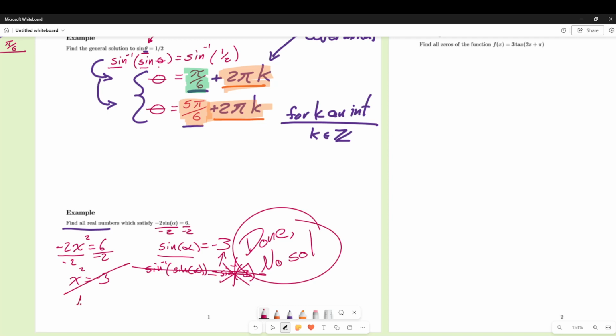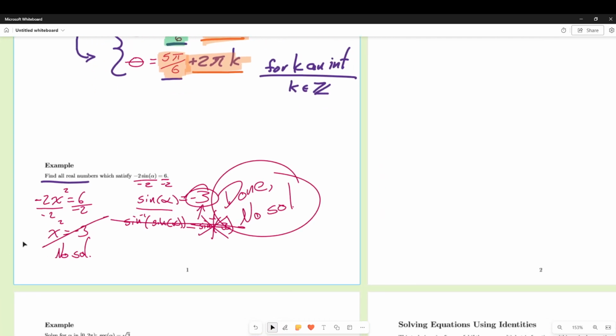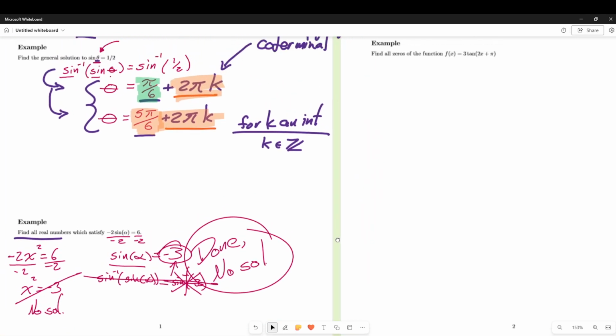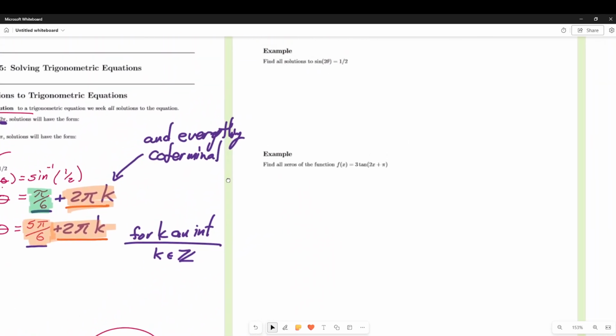So you'd say no solutions. Same thing here. This is outside of the possibilities for sine, not because it's negative, but because it's outside of the range from -1 to +1 that sine has to live in. So again, similar to our x squared and square root arguments, but just more dramatic.